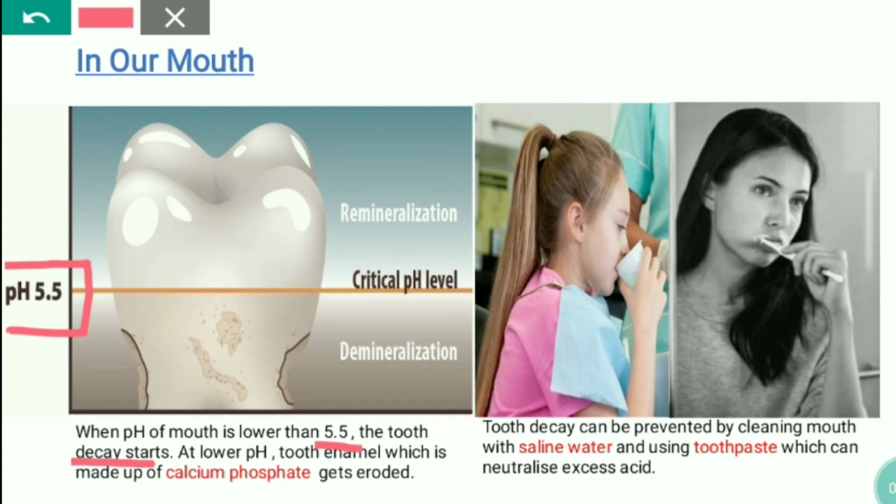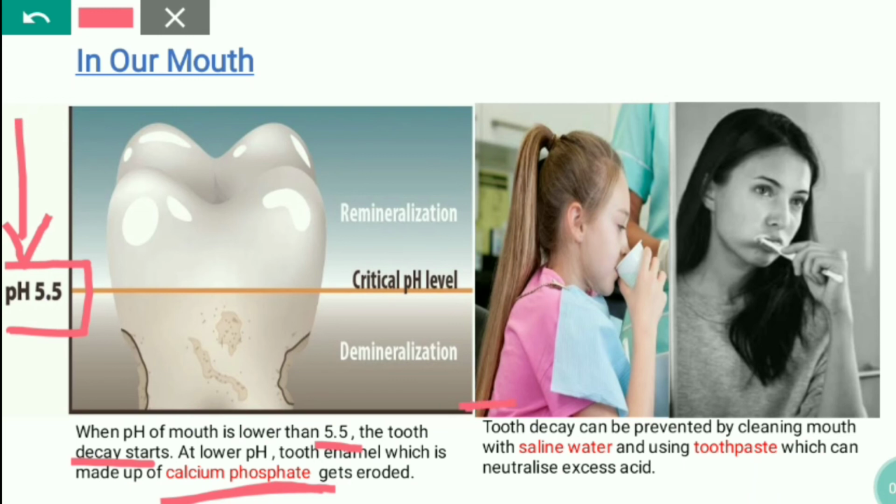Enamel is made up of calcium phosphate. This is also one of the most important questions which can be asked, and this enamel gets corroded when the pH gets lower than 5.5. These types of questions are asked in the boards, and they are very important.